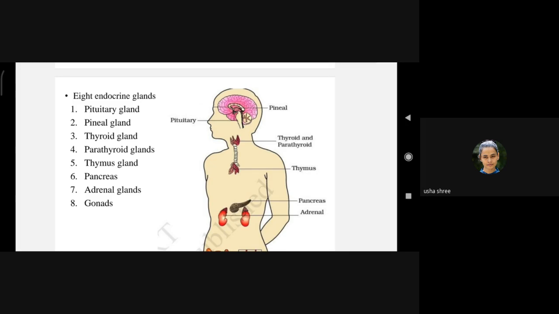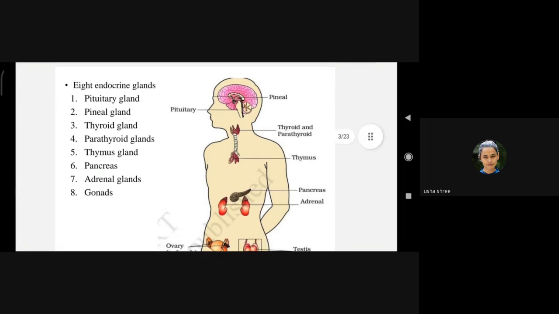Now you can see in the pictures the location of these endocrine glands. The pituitary is located just below the hypothalamus, and it sits in a very specific portion. We have learned about the skeletal system, and there we discussed the bones of the cranium, including the ethmoid bone.